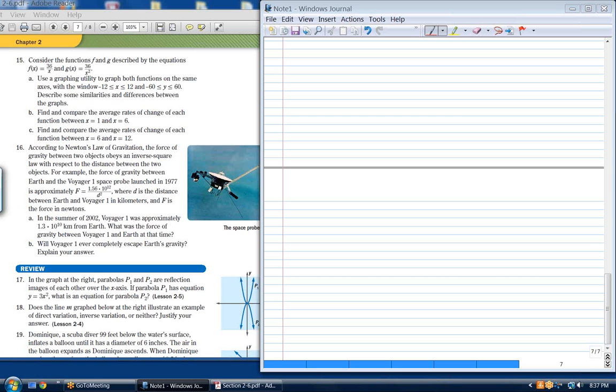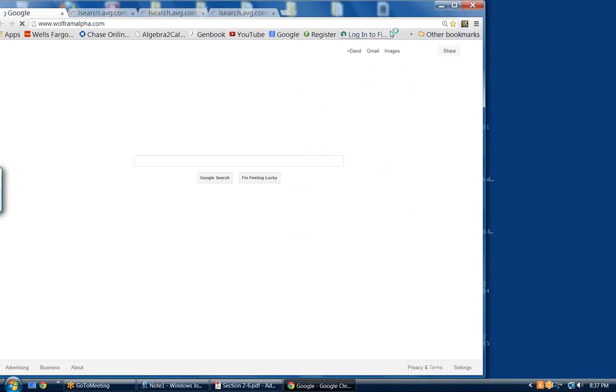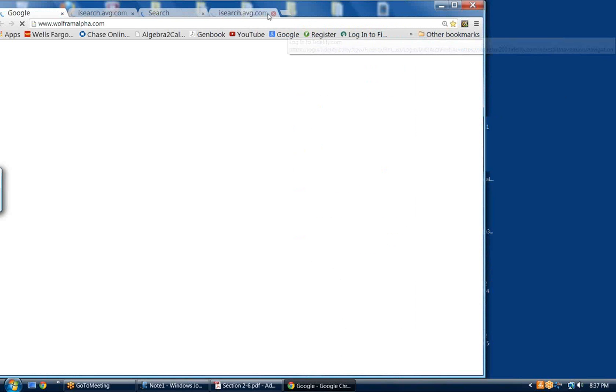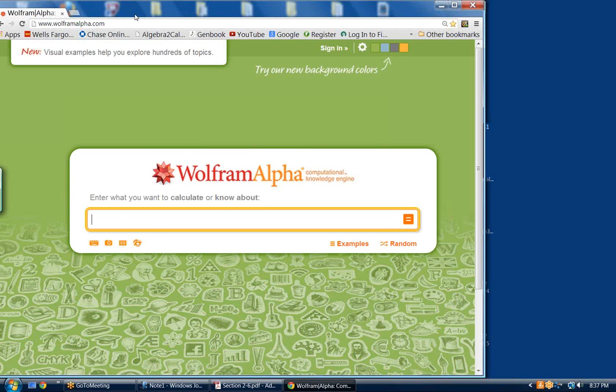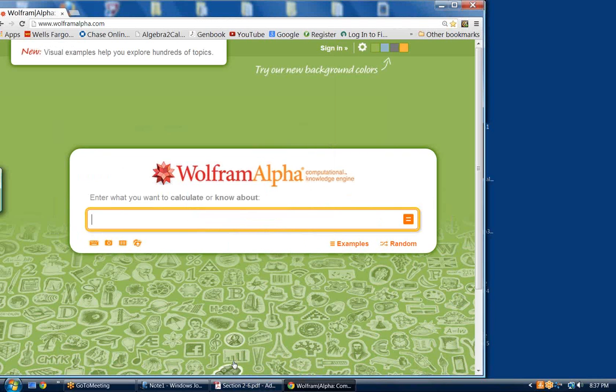Here, I tell you what. Let me do it on Wolfram. Although, you probably should do it along with me on your calculator, because this question is really more a calculator exercise than anything else. But I will plot them also. What were they? 36 over x and 36 over x squared.